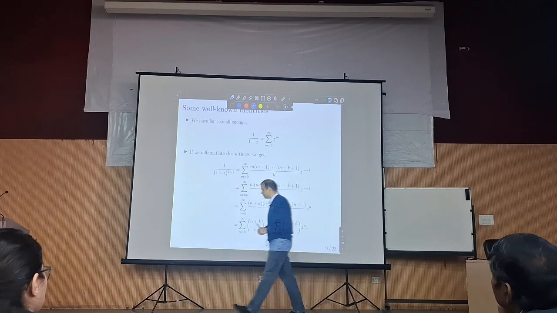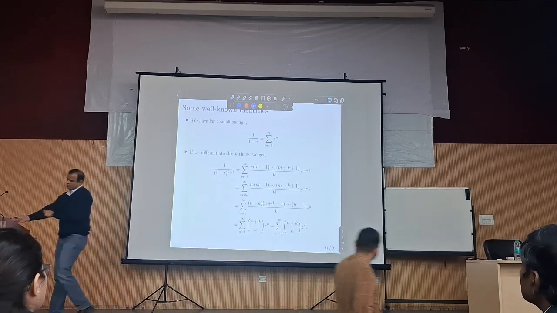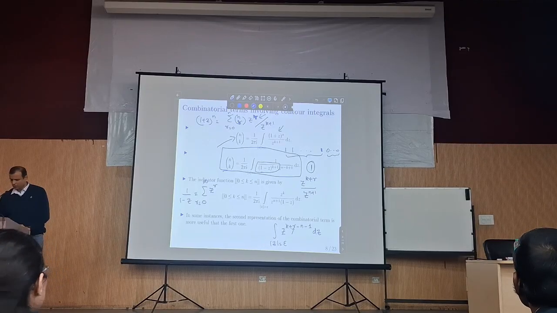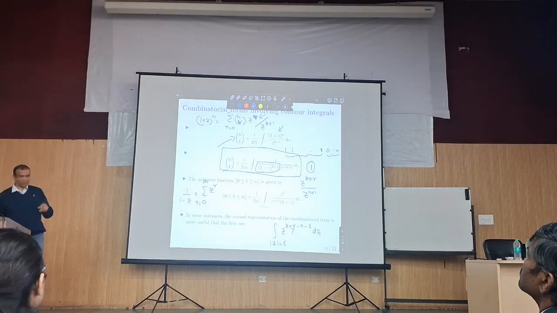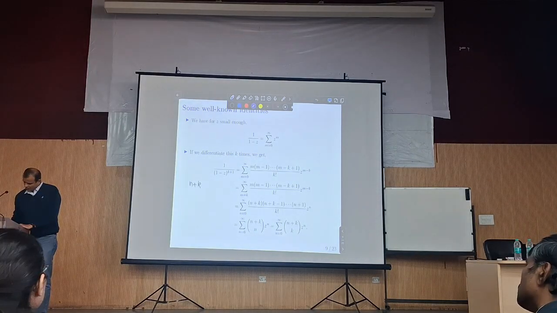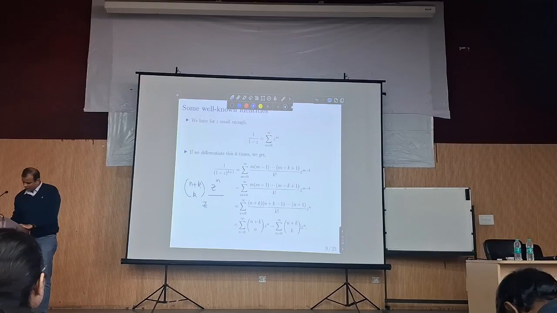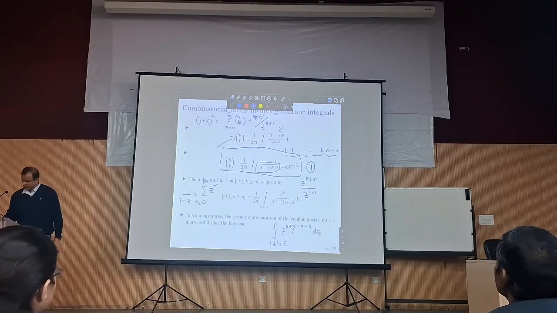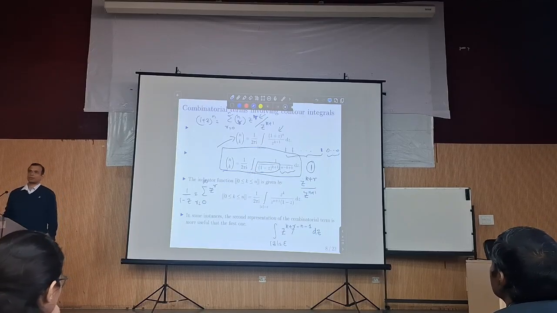So now let's go back. In the previous formula, we had 1 over (1 - z) to the k + 1, times 1 over z to the n - k + 1. So we have (n + k choose k) z to the n by z to the n - k + 1.